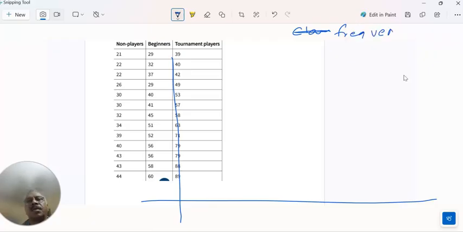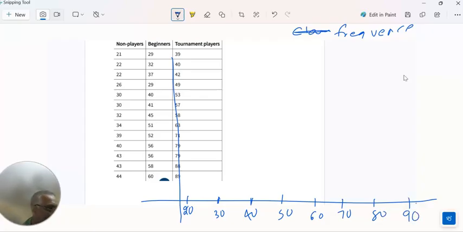Since we start with 20, let's put 20, then 30, 40, 50, 60, 70, 80, 90.